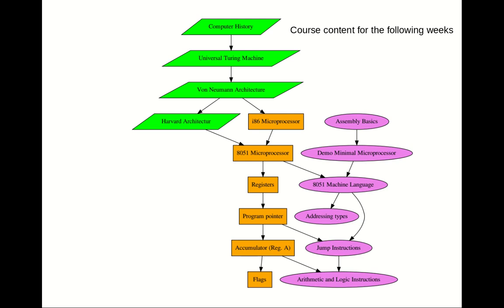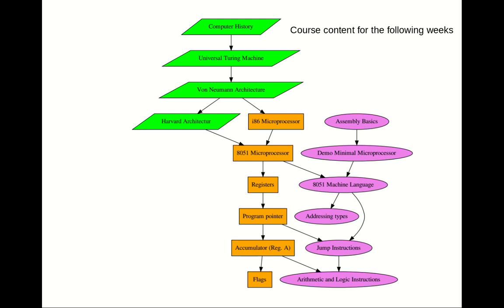Then the microprocessor inside the exercise board, the 8051 microprocessor, and there we will discuss features of particular registers. Let's start with the most fundamental registers, that are the program pointer and the accumulator, and also the flags. We'll see what that means.